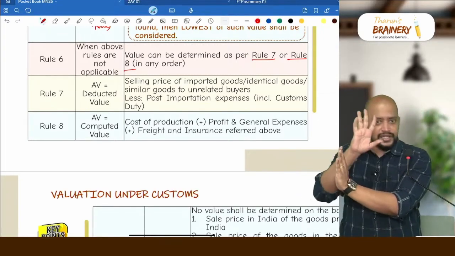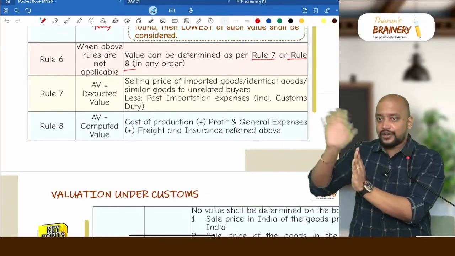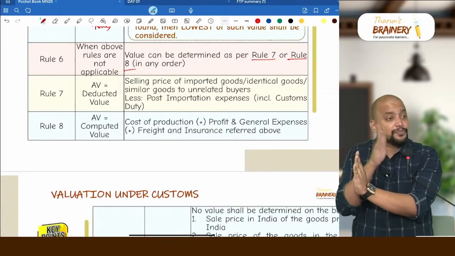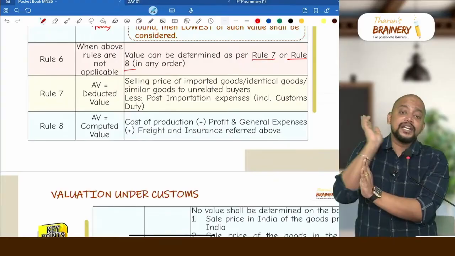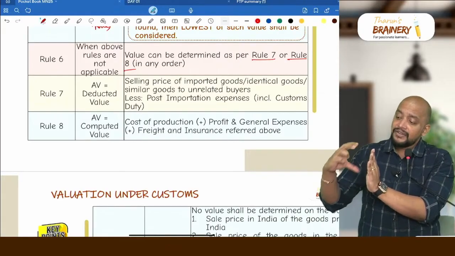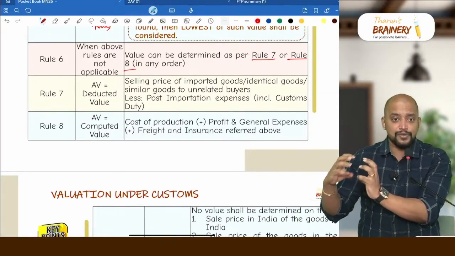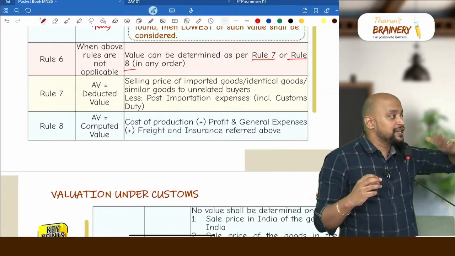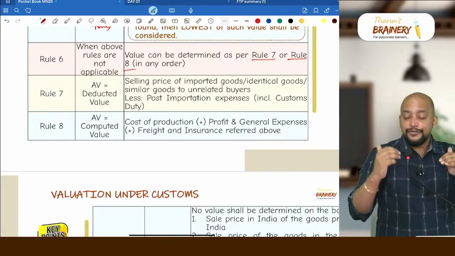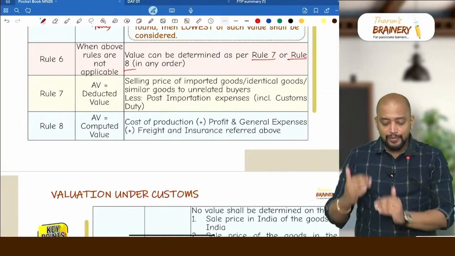So all costs will be added. Post importation cost we will not add. All pre-importation costs including his profit margin, when we are adding, we will get the price prevailing at the time of importation. This is the computed value method, a top down approach, whereas deductive value is a bottom up approach.